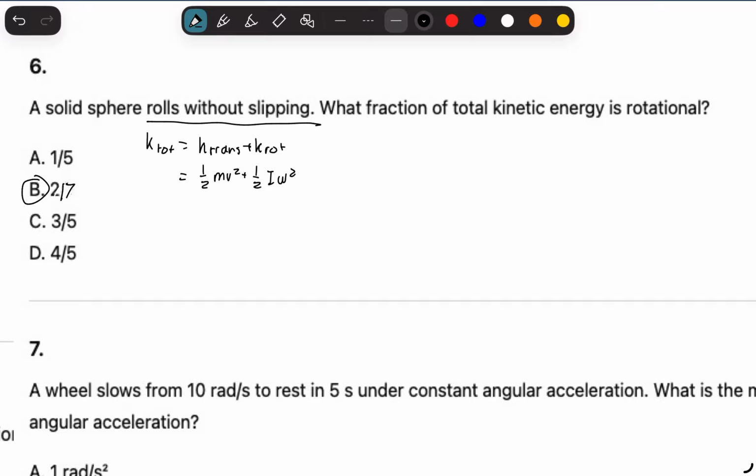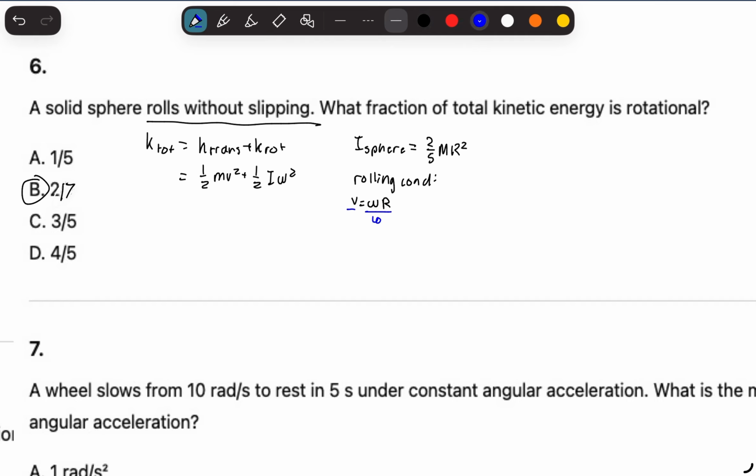So when you have a sphere, you have I equals 2/5 mr squared, and when you have rolling, you have a condition where V is equal to omega R.